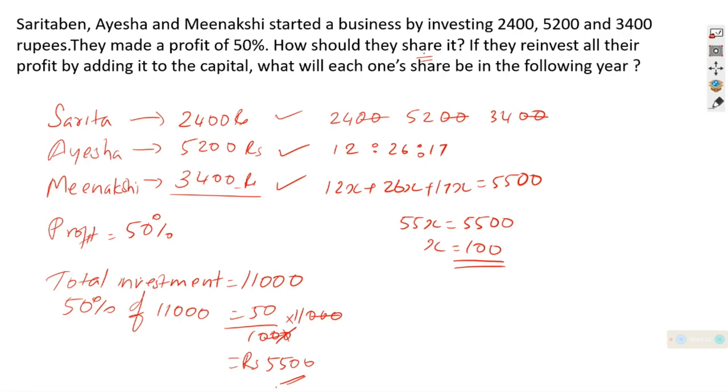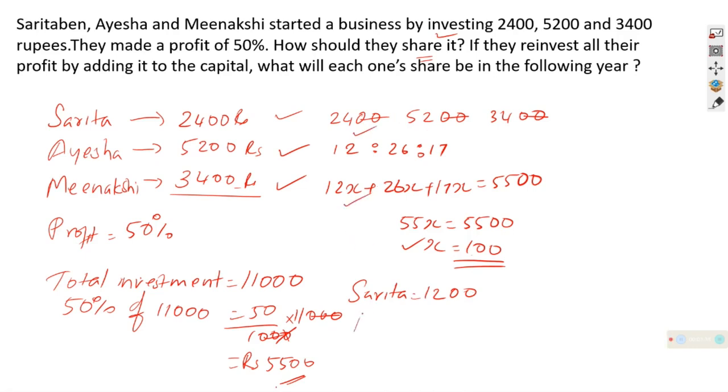The question is, how should they share it? 5500 they should share according to this. That means Sarita will have a share of 1200, because 12 into x, 12x.